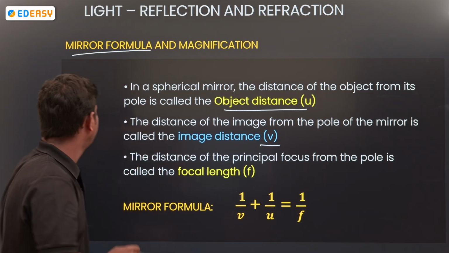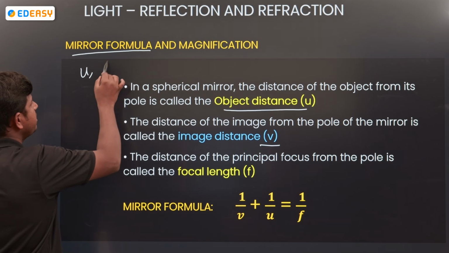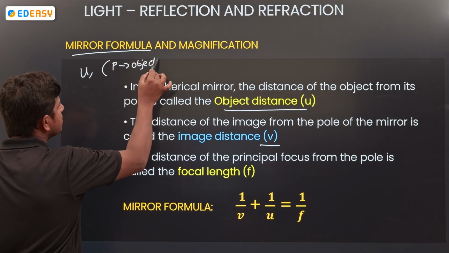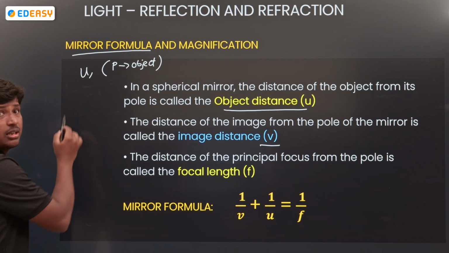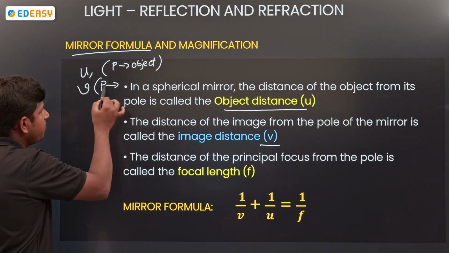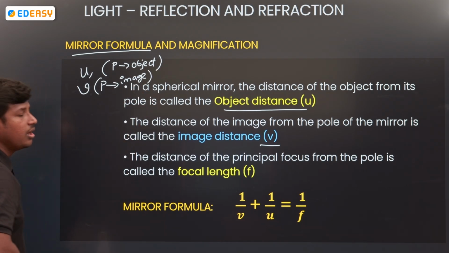Remember that. Object distance means the distance from P to the object, and image distance means the distance from P to the image, represented by v.